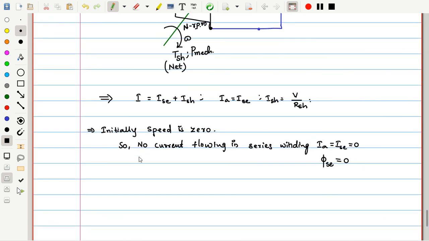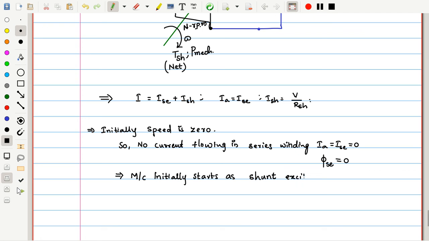Then the conclusion here is that the machine initially starts as a shunt excited machine.